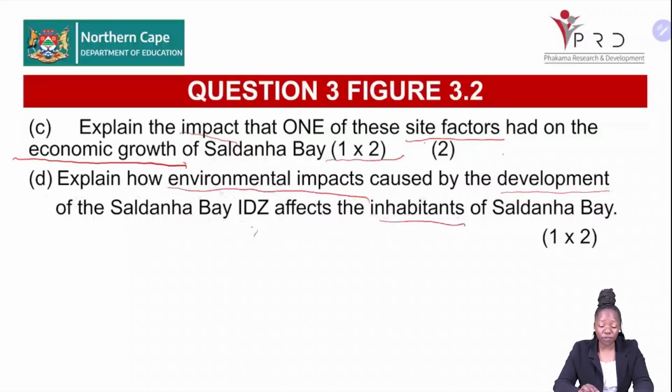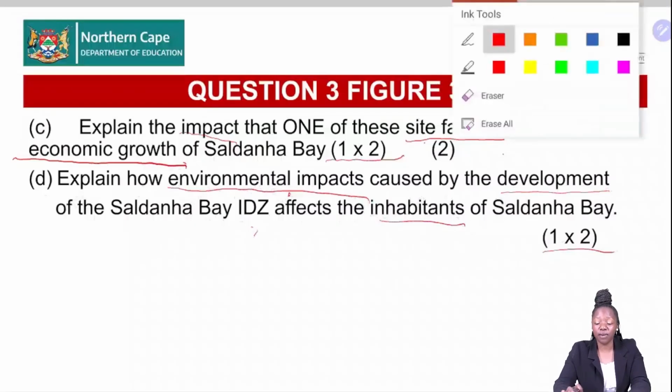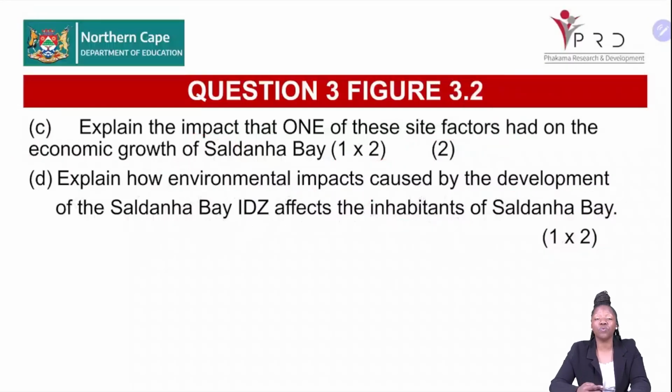Another 1 times 2, which means it's one answer that will give you 2 marks. So again, I'm going to give you 3 minutes to write these 2 questions, and then after 3 minutes, we will go through the solutions.